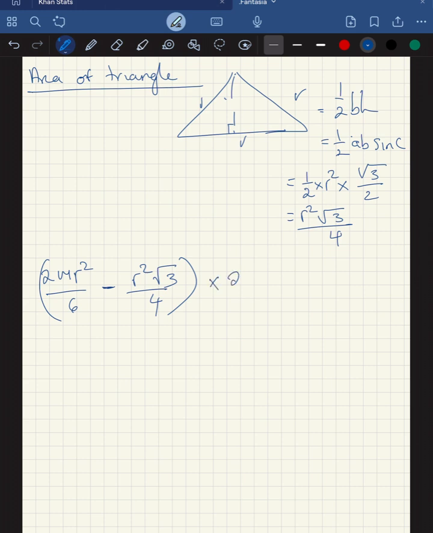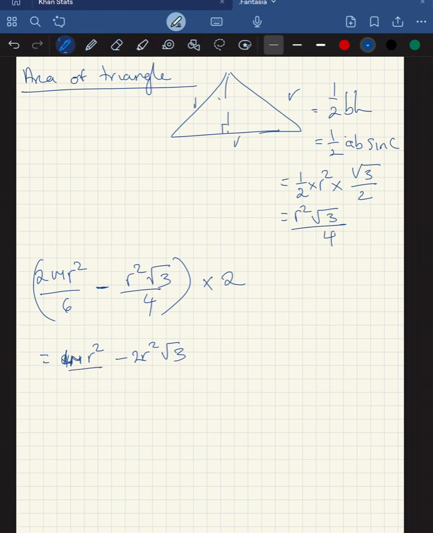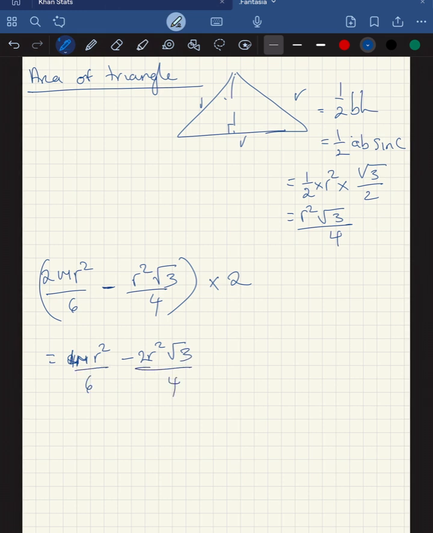And then we multiply this by 2. And then that becomes 4 pi r squared minus r squared 2 root 3, and this is 6, this is 4.